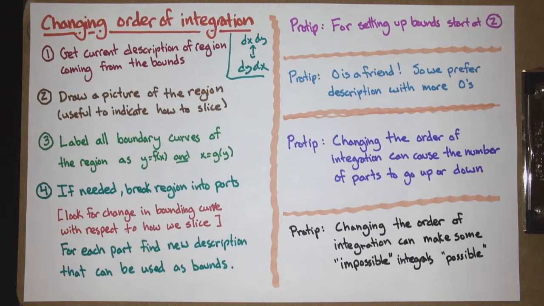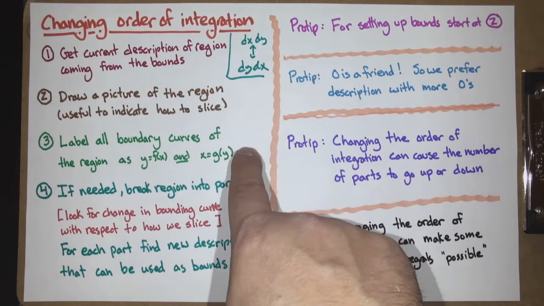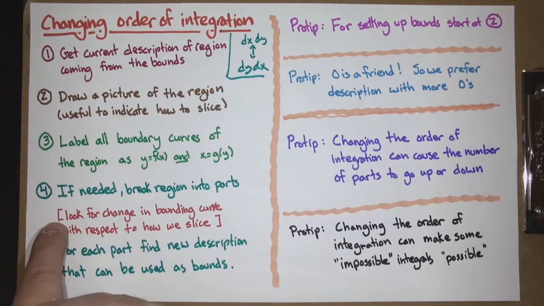Once we have our bounds and we have our labels, we check to see if we need to break it up. Why do we need to break things up? Well, sometimes you have to break integrals into multiple parts because your description needs multiple parts. Something is changing in your bounding curve.